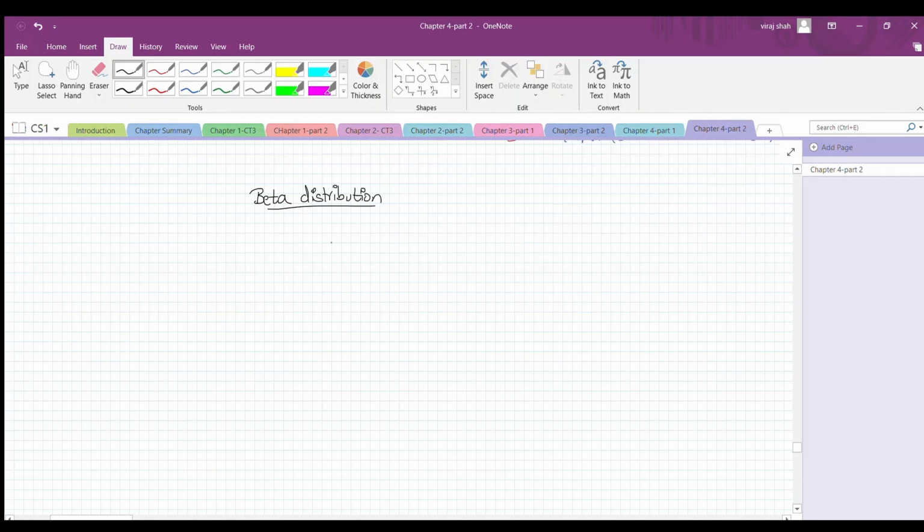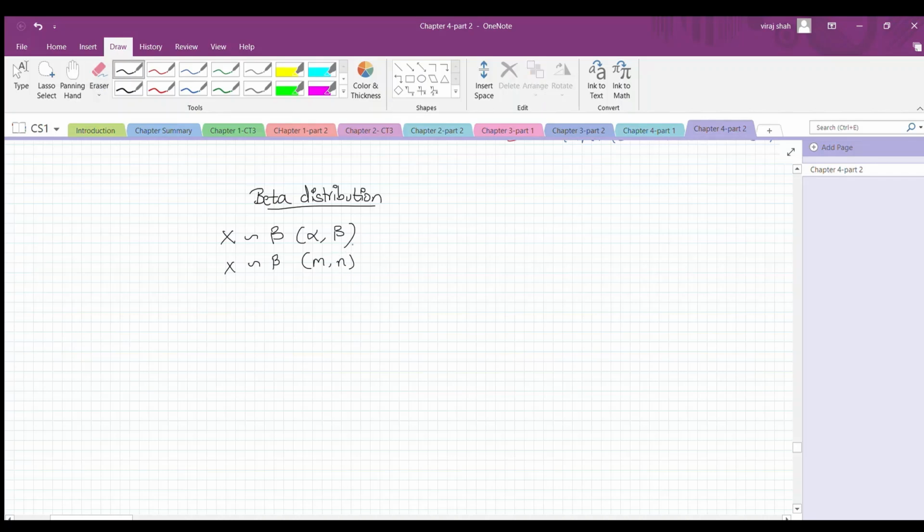Okay, going ahead, how do we denote the beta distribution? X follows beta with parameters alpha and beta. It could also be written as X follows beta with parameters m comma n.